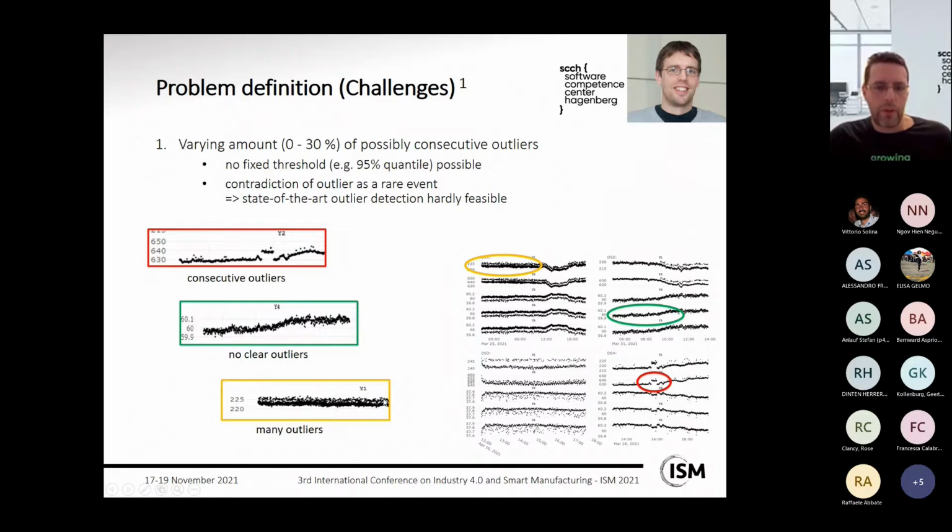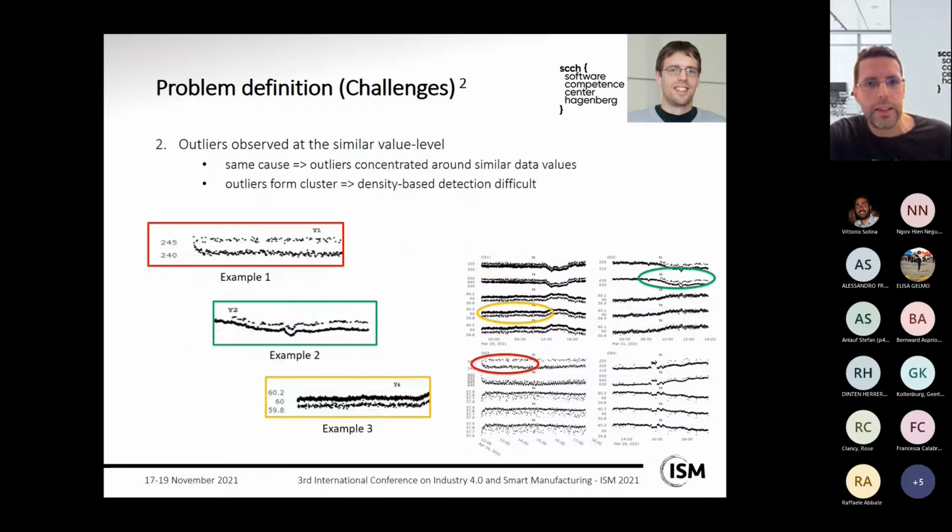But there were also very frequently cases when the problem appeared very often, where we have outliers of up to 30%, which actually is a contradiction of the definition of an outlier as a rare event, making standard outlier detection hardly feasible, as it should work for all these cases.